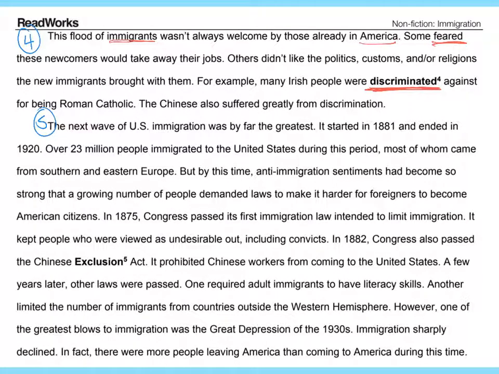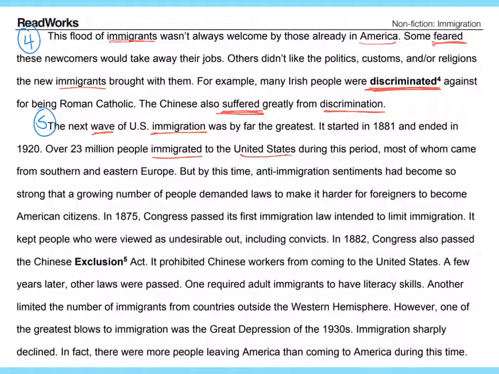And if you look on your passage, it's being treated differently or unfairly. And so we have this here repeated. Of course, we have immigrants. And then we have suffered. I think that's related to some of the other words that we've already found with fear and sacrifice. We have waves again and immigration.